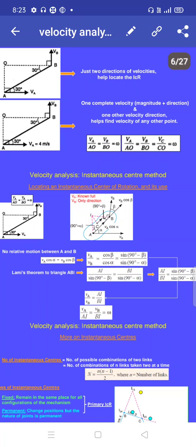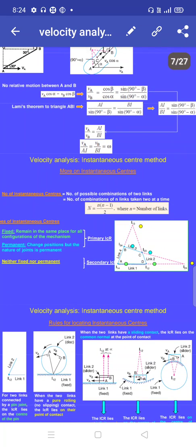Applying Lami's theorem to triangle ABI, AI divided by sine of 90 minus beta is equal to BI divided by sine of 90 minus alpha. So AI by BI is equal to sine of 90 minus beta divided by sine of 90 minus alpha. So VA by VB is equal to AI by BI. So VA by AI is equal to VB by BI is equal to the angular velocity.